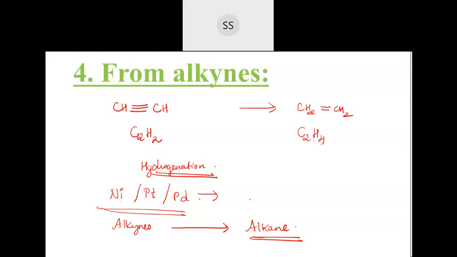This will be your end product because these catalysts are highly activated, meaning their reactivity is very high. So they keep on adding hydrogen and finally end up at alkane. There is no intermediate alkene retained. Alkene will be formed, but then it will get hydrogenated and finally you end up with alkane.